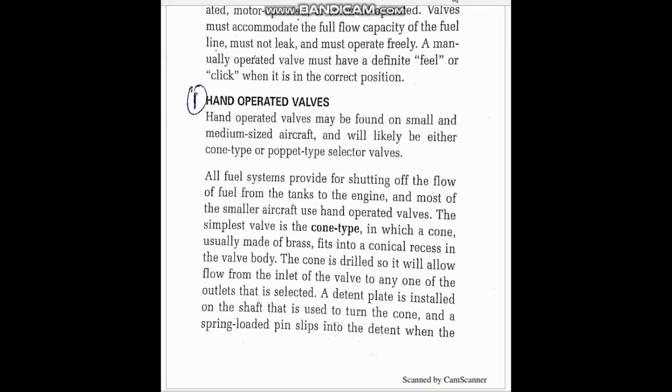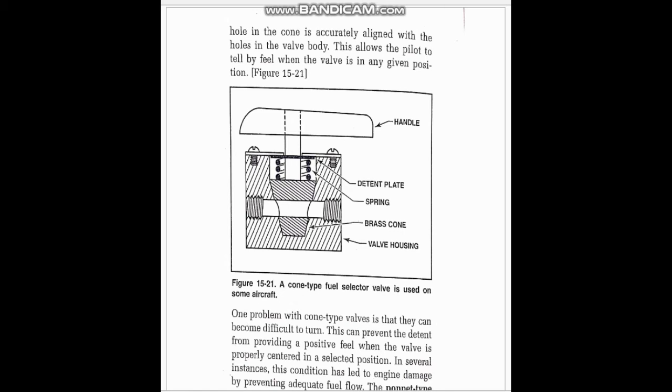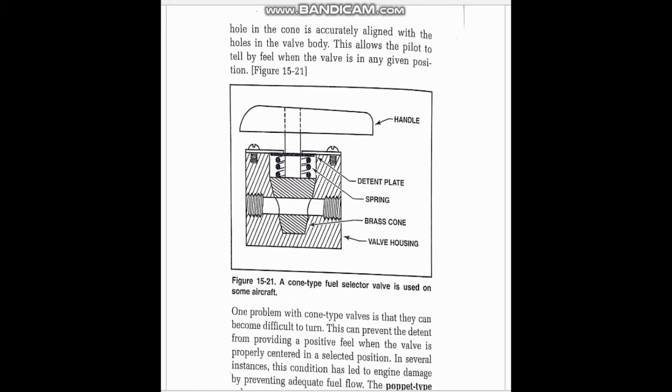A detent blade is installed on the shaft that is used to turn the cone, and a spring-loaded pin slips into the detent when the hole in the cone is accurately aligned with the holes in the valve body. This allows the pilot to tell by feel when the valve is in any given position.